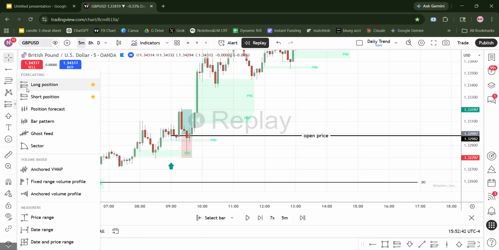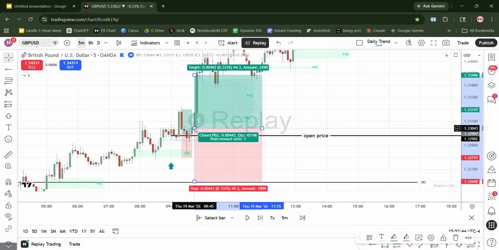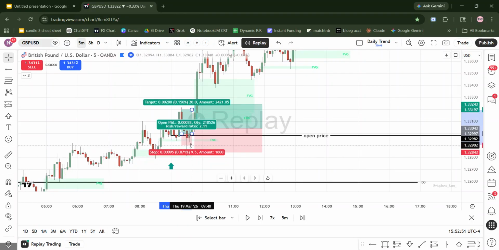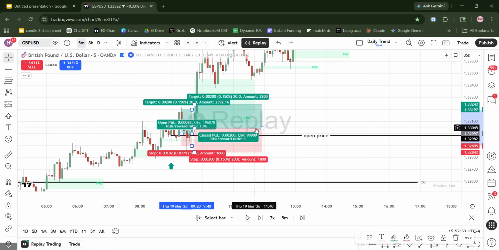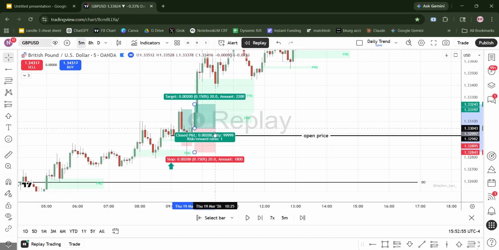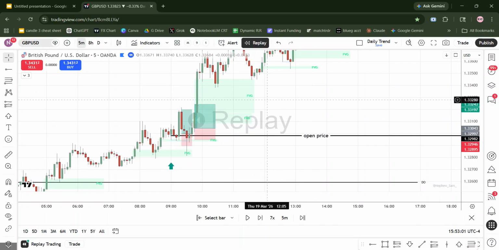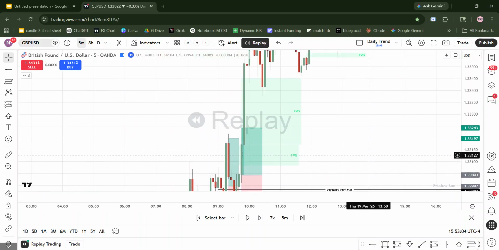So we could have done another entry right here. But then remember what we do. Okay. Second position, we move this up to 10. And this also is 10. Right there. And then you would have been out in the next 5 minutes. Right? Because price just shot straight up.